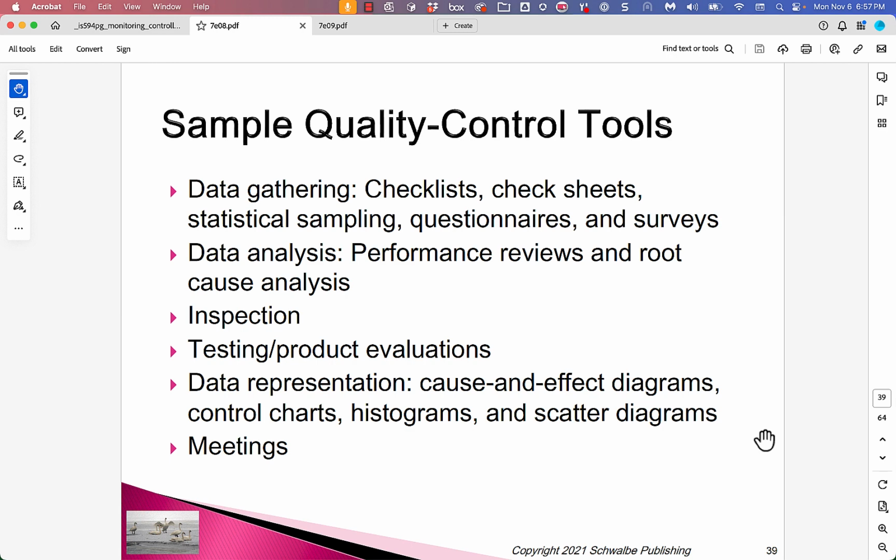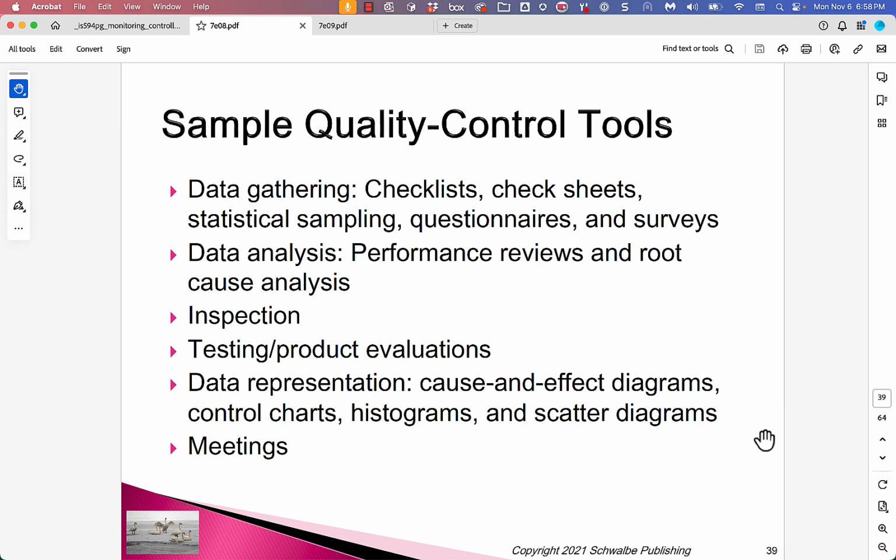So there are some things that are used for data gathering: checklists and check sheets, statistical sampling of outputs from the project, questionnaires, and surveys. And then we have data analysis: performance reviews and root cause analysis.